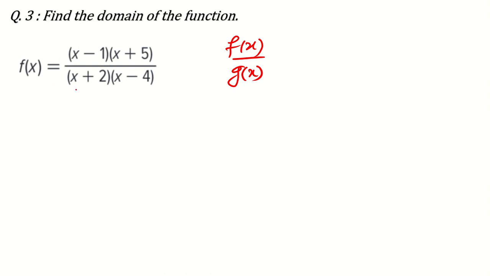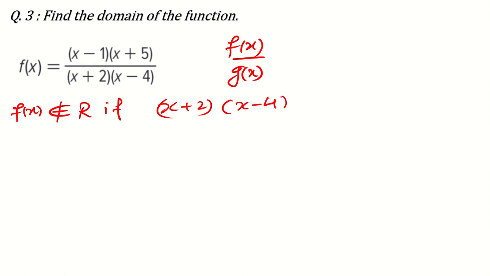See again. You will write here, f(x) will not be defined if the denominator becomes 0, meaning x plus 2 times x minus 4 is equal to 0. Now the product of two terms is 0. What does it mean? It means at least one of the numbers should be 0. So x plus 2 will be 0, or x minus 4 will be 0.